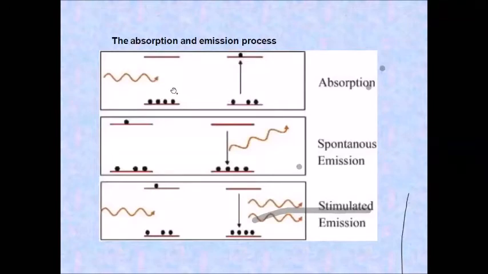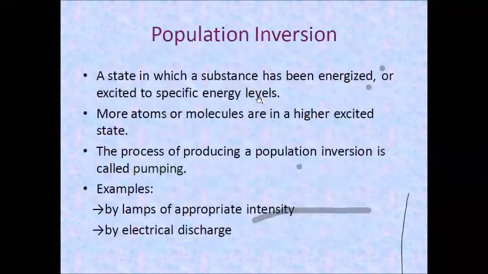So if we repeat the procedure and make it such that the number of atoms in the high energy state is more than the atoms in the ground state. Got it?